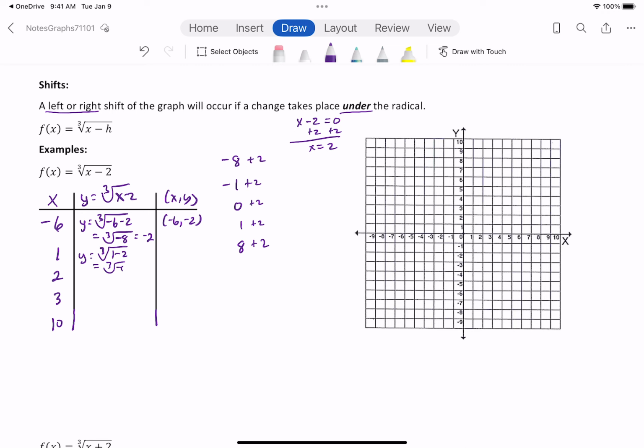This gives me the cube root of negative 1 is negative 1. If I substitute 2, we get the cube root of 0 is 0. If I substitute 3, I get the cube root of 1 is 1. And last, if I substitute 10, I get the cube root of 8, which is 2.